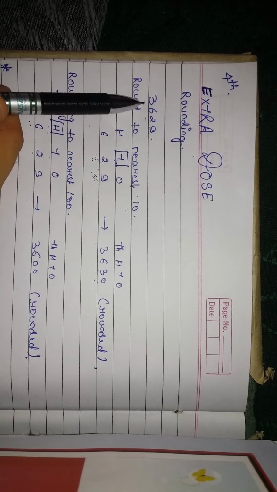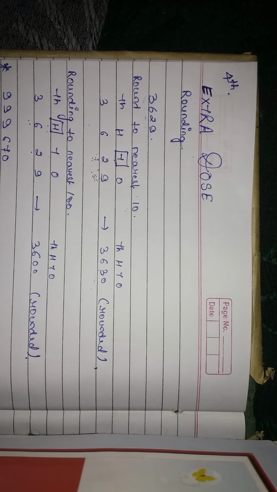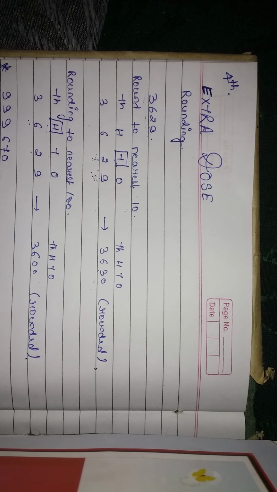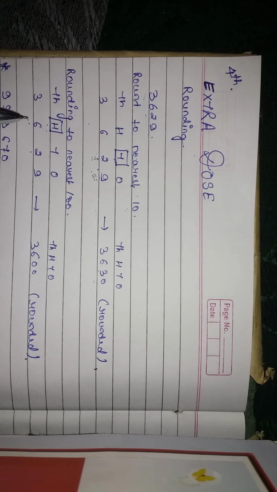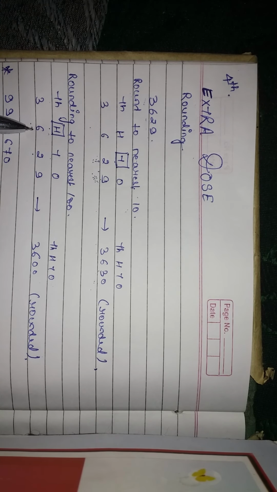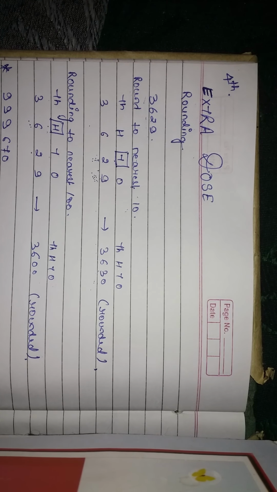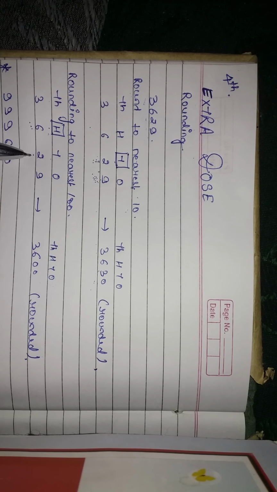Now let's see how to convert this 3629 to the nearest 100. Now your rounding place is 100. Therefore, the second step is to identify the number just right to your rounding place. Is that greater than or equal to 5 or less than 5? So here you can see 2, which is less than 5.